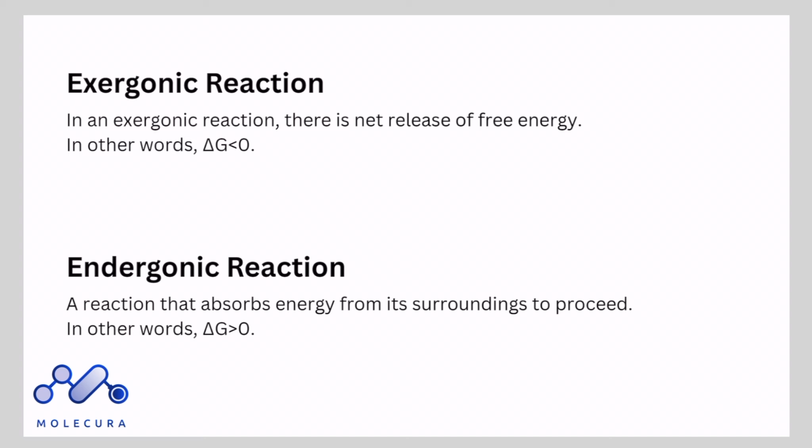These are reactions which have a delta G of less than 0. What does it mean? It means that energy is getting released while the chemical reaction is happening. And in contrast, endergonic reactions are the reactions that are taking energy from its surrounding for it to proceed. So the delta G is going to be bigger than 0.